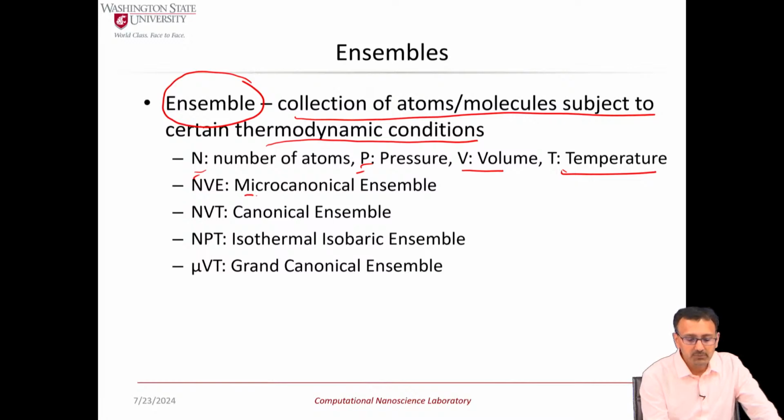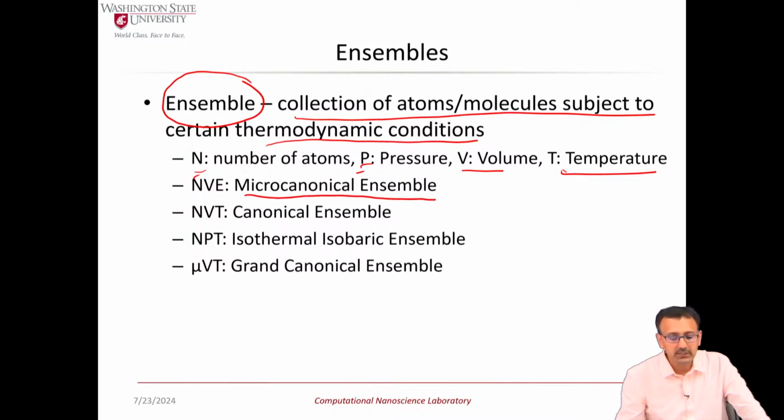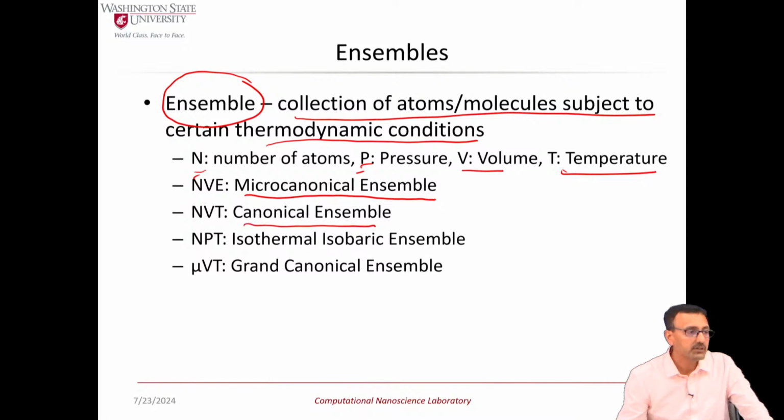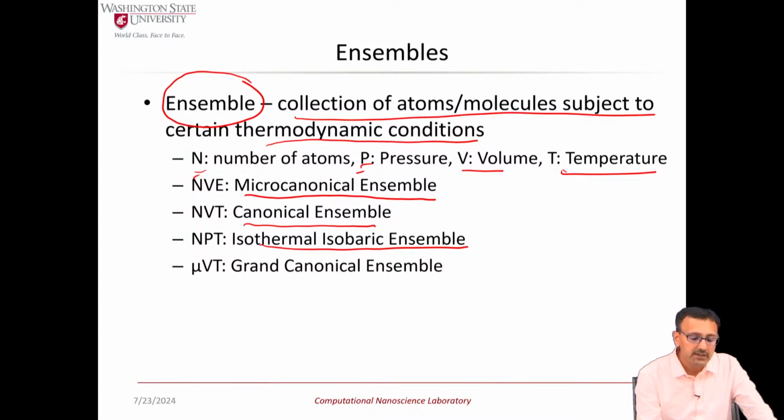So, one of the most common ensembles is the microcanonical ensemble, where the properties that are held constant are the number of particles N, the volume V, and the energy E. Okay. There is the canonical ensemble, where the properties that are held fixed are N, V, and T. There is the isothermal isobaric ensemble, NPT, and finally, there is a grand canonical ensemble.